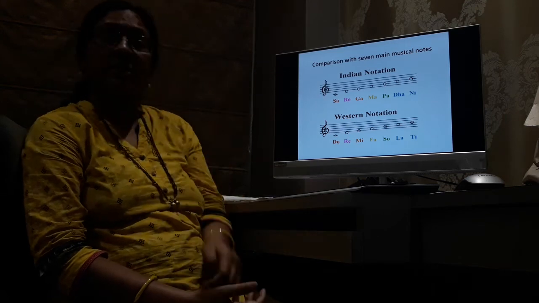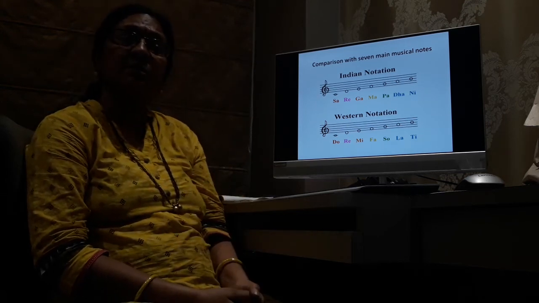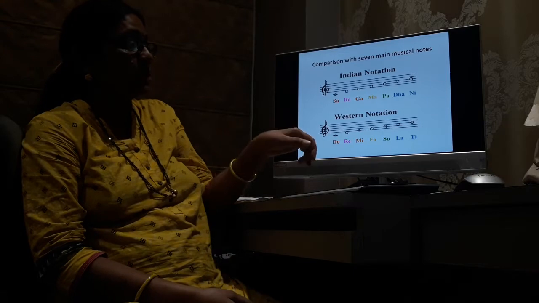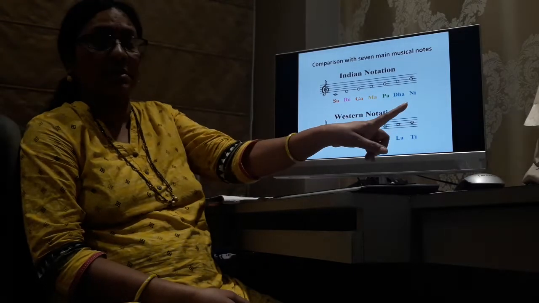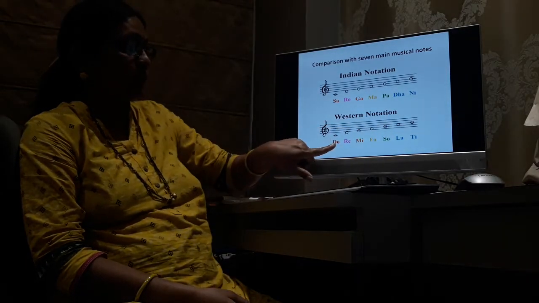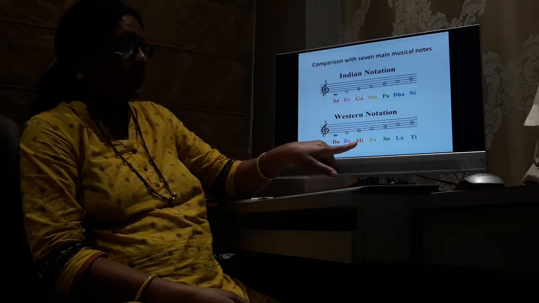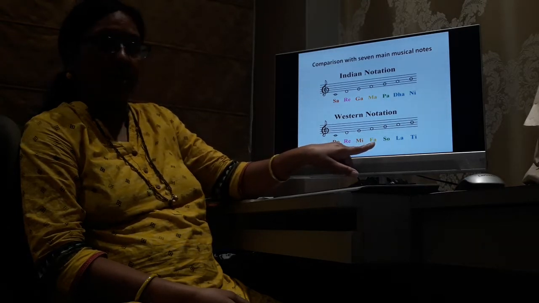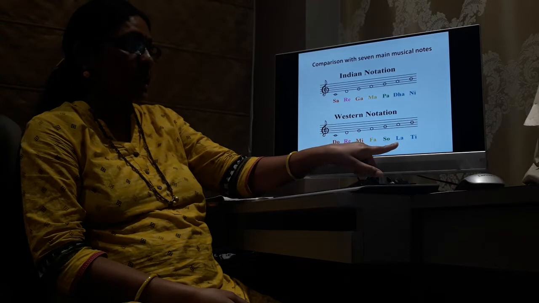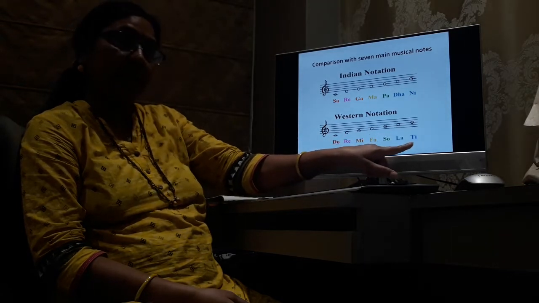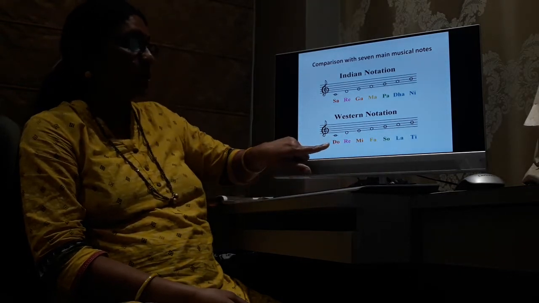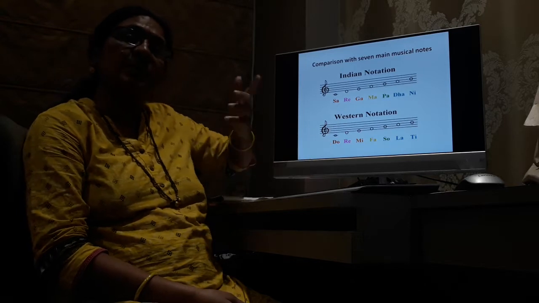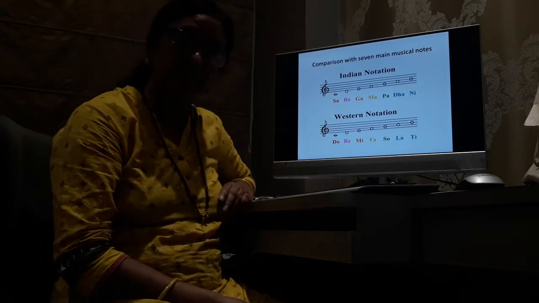With the Western notation also, the same thing was found. Here also we have got 7 notes, which start with do, re, mi, fa, so, la, ti. And after the 7th note, we go again to do, which comes under double frequency.